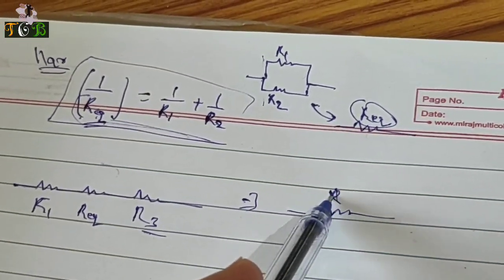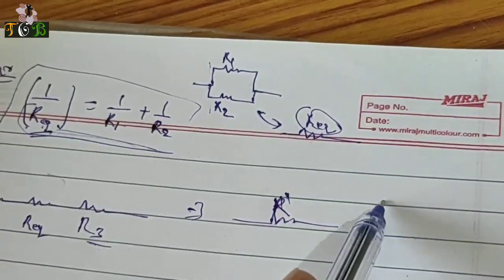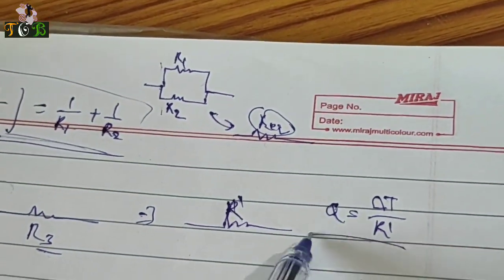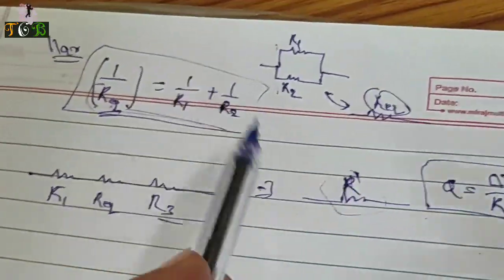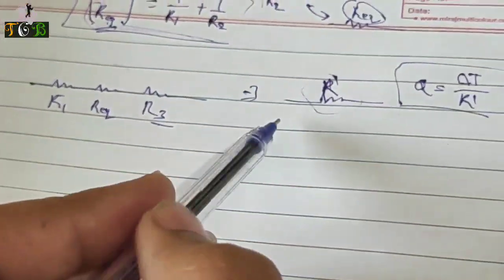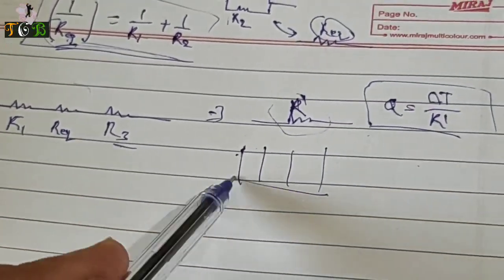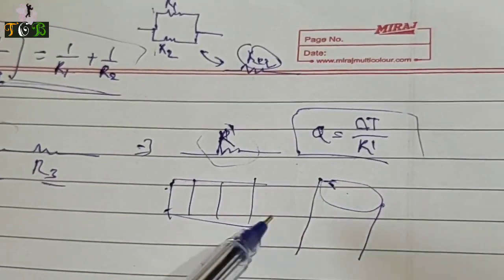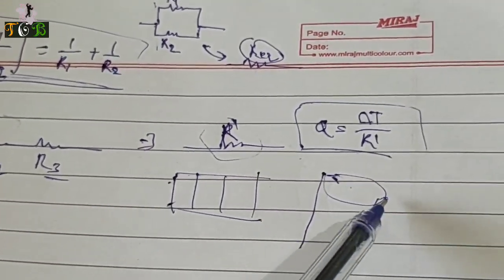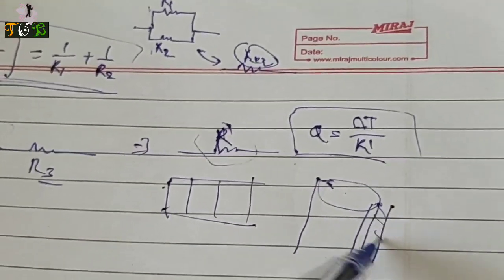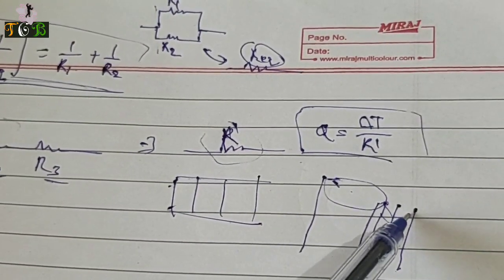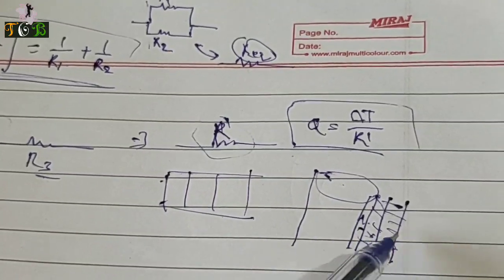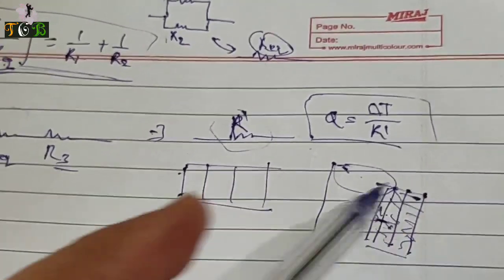Okay, you can call it capital R or R dash, whatever, and to find the Q you will have to use delta T by R dash. So that's what you have to do. So if they give you a lot of layers, they will ask you that there is a refractory over here, and there is a brick wall, and after that there is some insulating wall, and here also some kind of paint, and like that, and they will give you different conductivity of these, and they will ask you what will be the heat transfer rate.